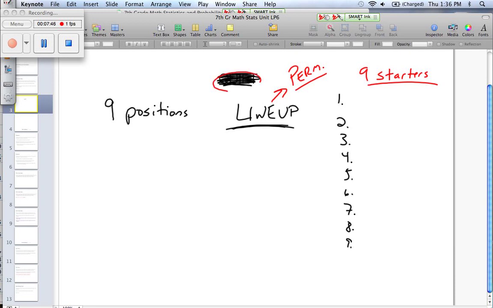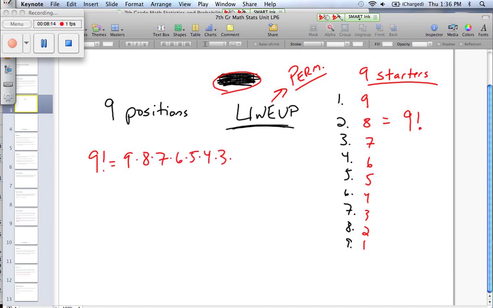I simply can use the counting principle. 9 people could go here, 8 could go here, 7, 6, 5, 4, 3, 2, 1 person would be left. Or I could simply calculate 9 factorial. Some of you might have that on your calculator. If you do not, 9 factorial obviously is 9 times 8 times 7 times 6 times 5 times 4 times 3 times 2 times 1.